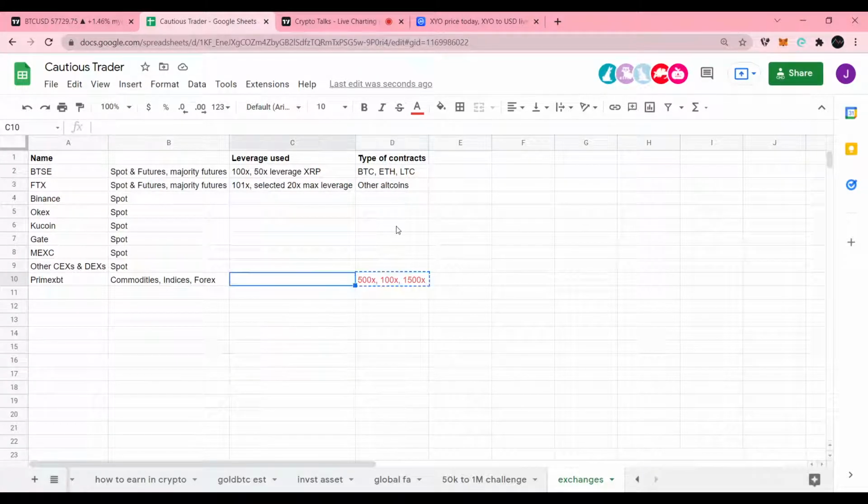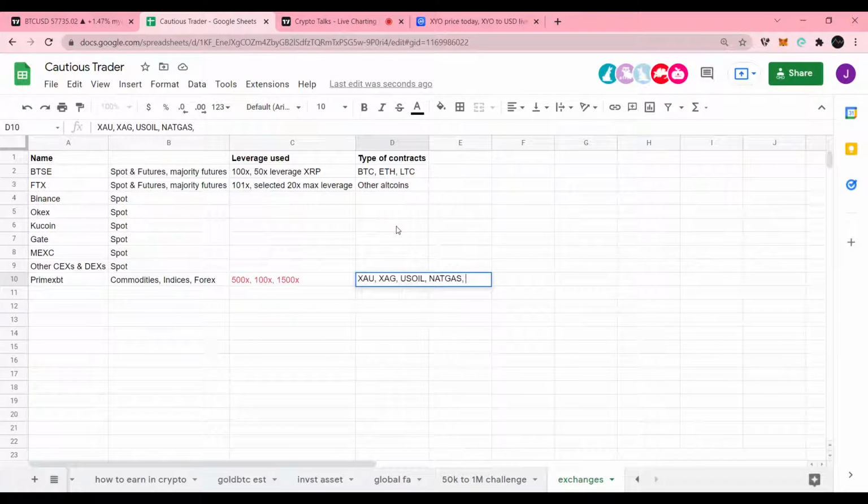Oh, type of contracts. So the type of contracts here are XAU, XAG, US oil, and then what else? Natural gas, and Nasdaq.